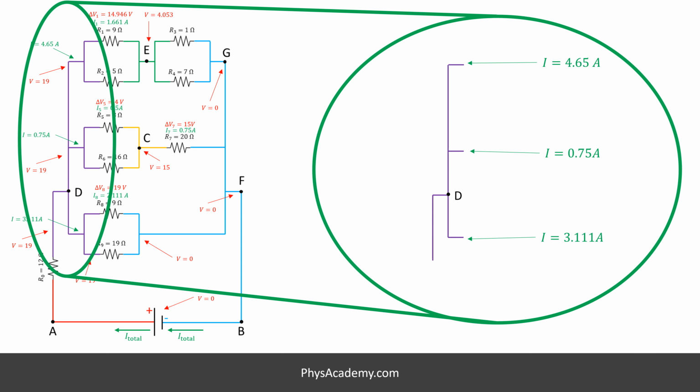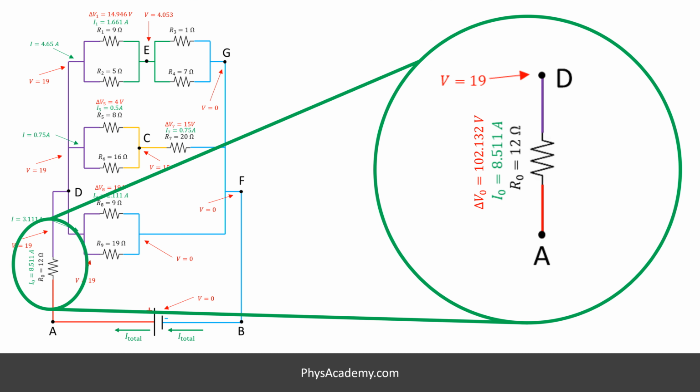Now let's see what the total current of the purple region is. We know the current of the top branch is 4.65 amps, the current of the middle branch is 0.75 amps, and the current of the bottom branch is 3.111 amps, so the total current using Kirchhoff's law is 8.511 amps. This is the same as the current of R0.